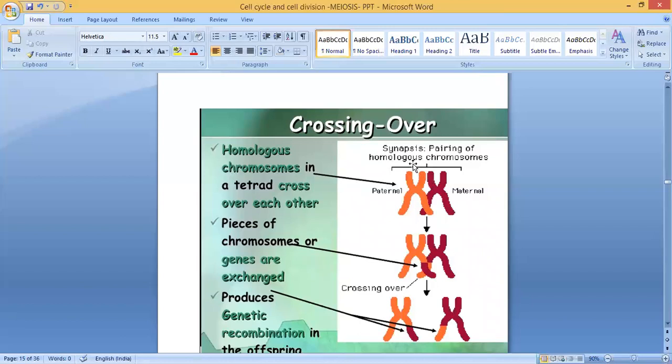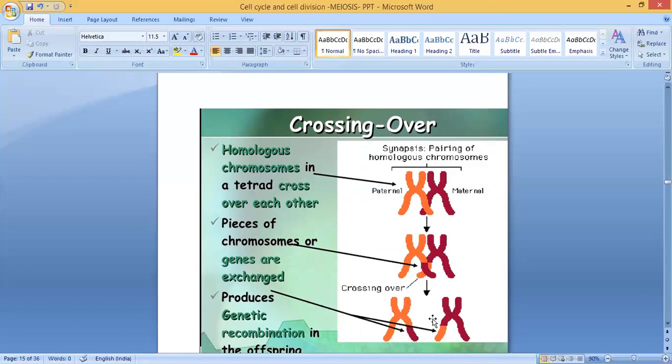So this is synapsis, the pairing of homologous chromosomes. These are one pair of chromosomes. Here pairing of homologous chromosomes takes place. I told you this is paternal, this is maternal. You can see crossing over takes place, then genes or chromosomes are exchanged. After crossing over, it will be like this. You can see this is a maternal part, this is a paternal part, and the same here.